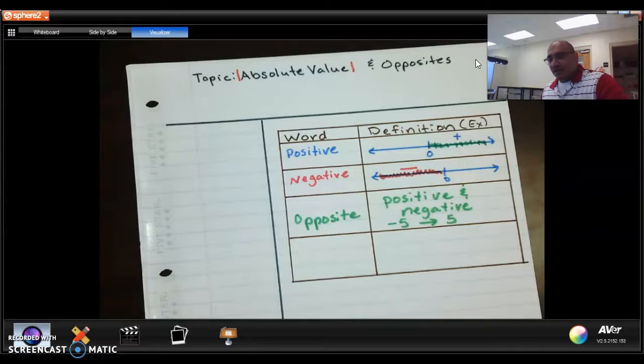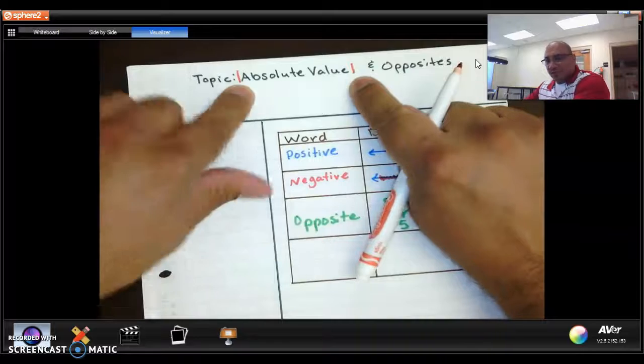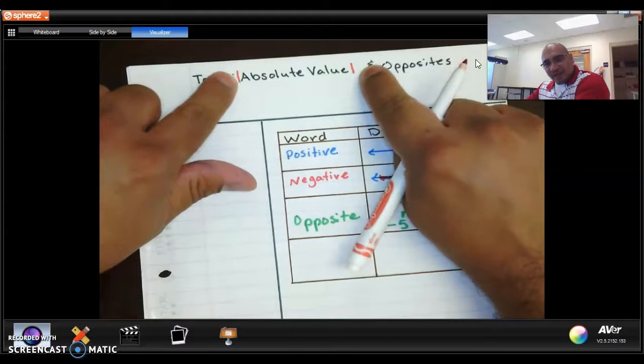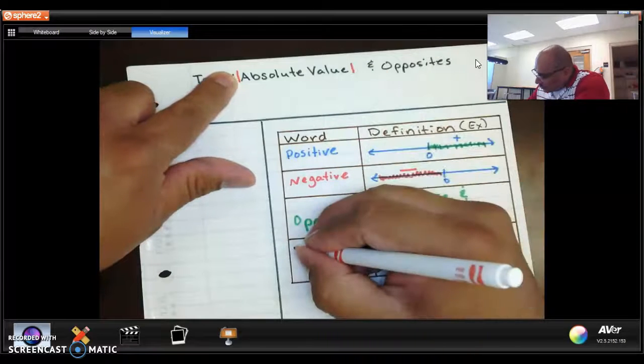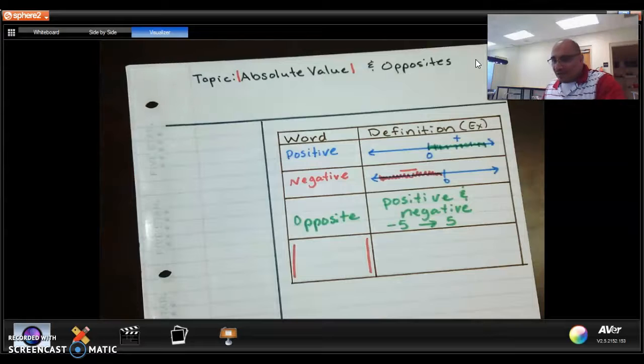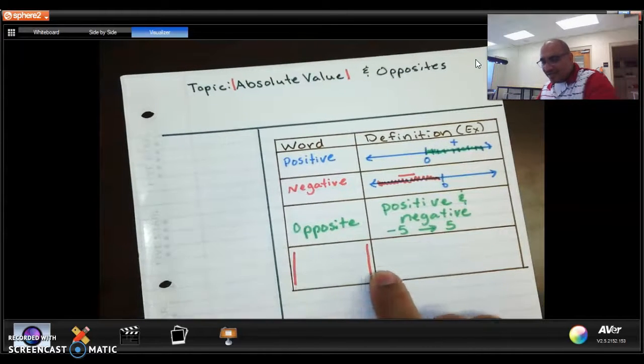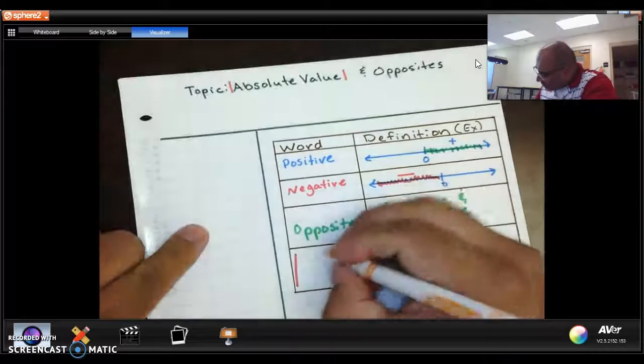And that's what we just want you guys to gather for positives and negatives and opposites. Okay? So our last word we're going to talk about is called absolute value. And if you notice up here, I have absolute value with a little kind of bracket. This little bracket out here is going to be our absolute value. So I will do it in here as well. So anything that has these little parallel lines side by side, and then you have the absolute value.